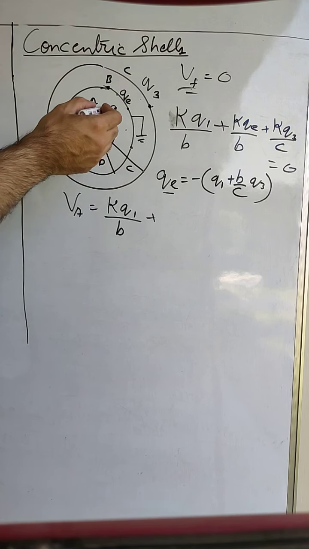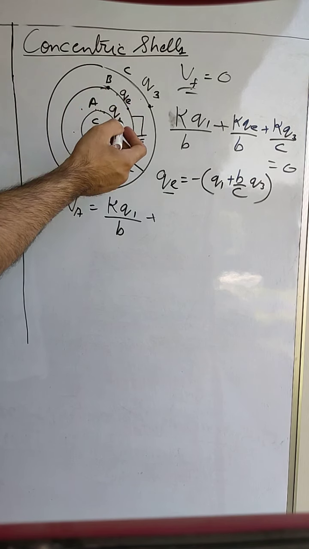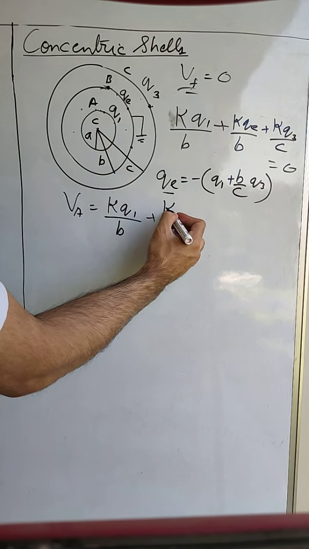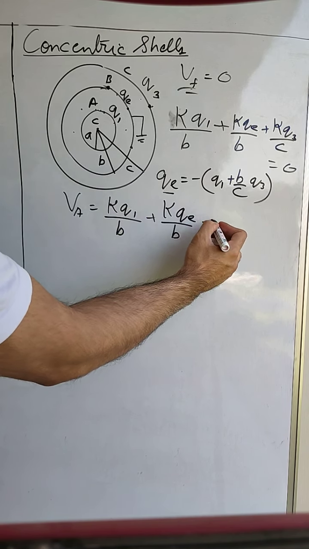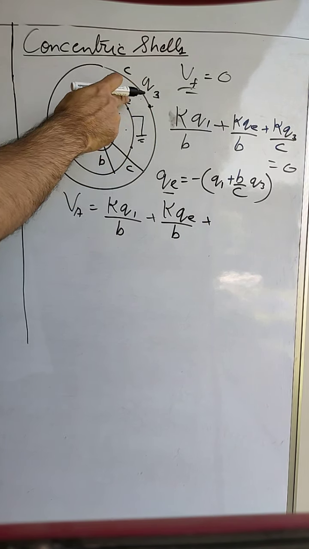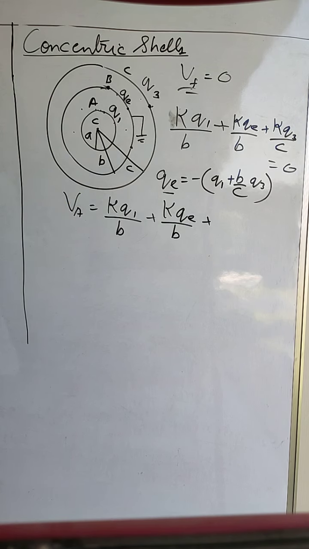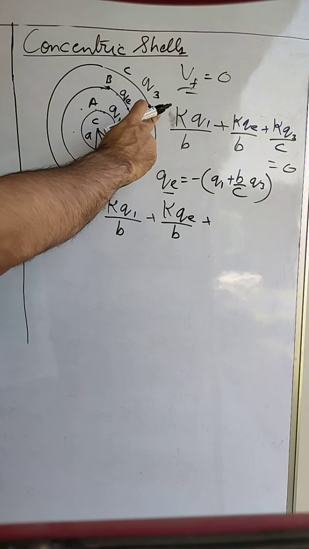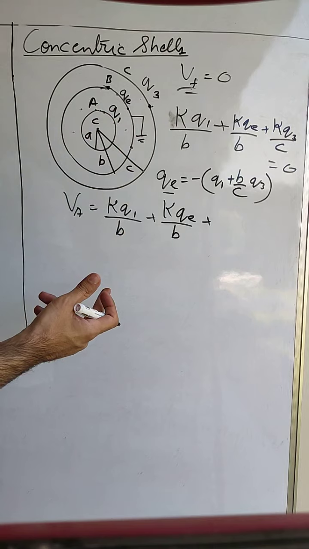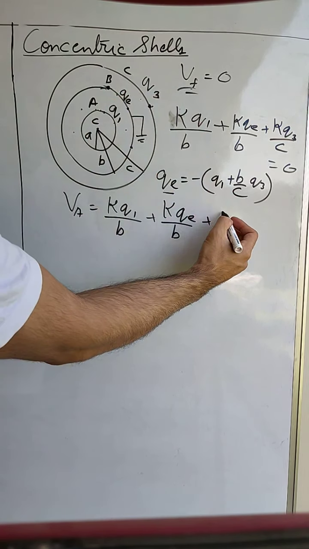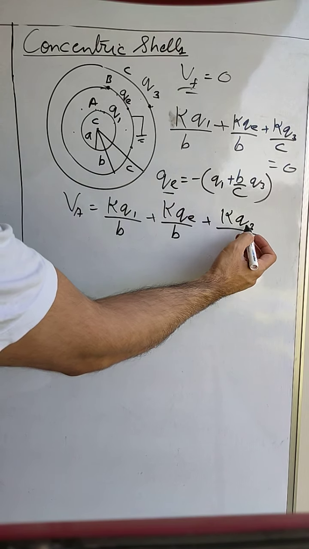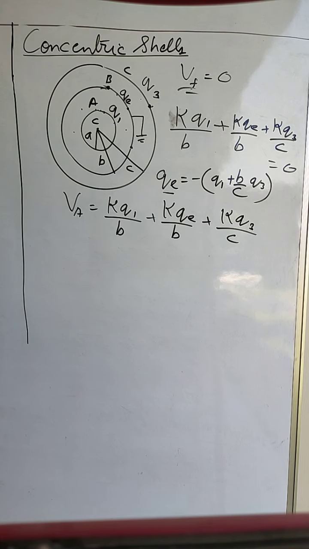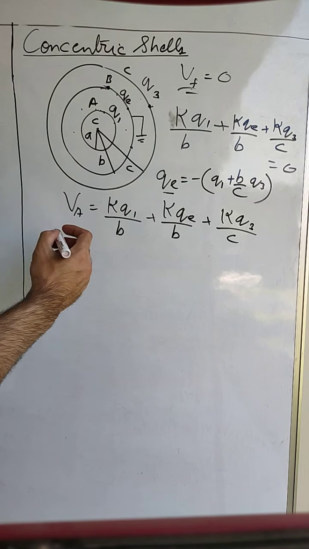Now because of the charge on B, which is QE, the potential will be KQE upon B. Now for C, every point inside C is at the same potential. So due to this charge Q3, the potential at every point inside will be KQ3 upon C. So this will be the total potential on the innermost shell VA.